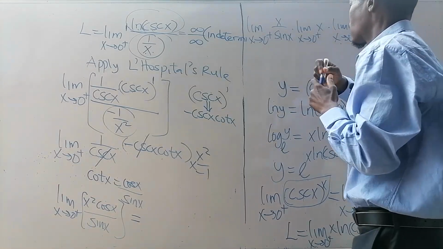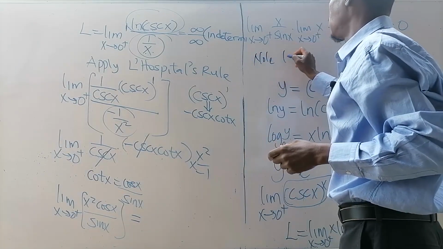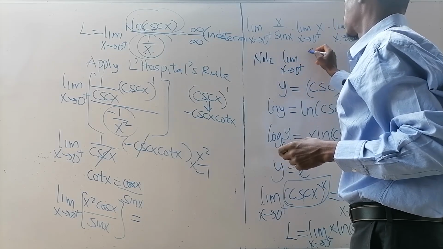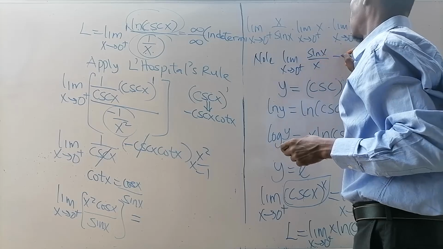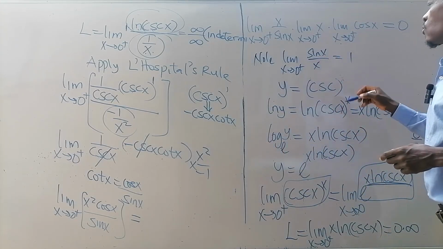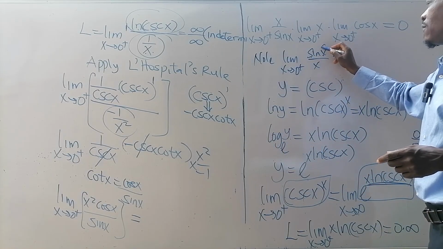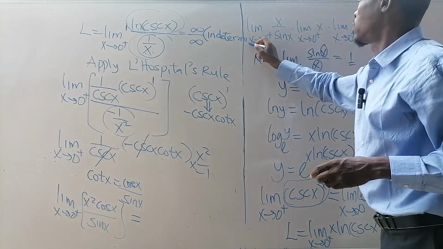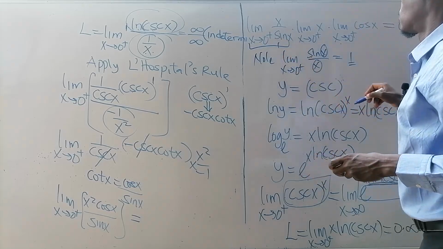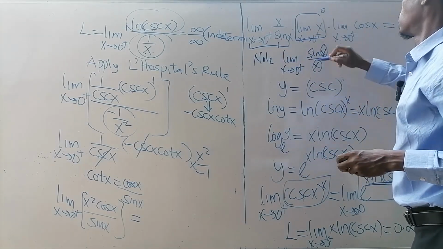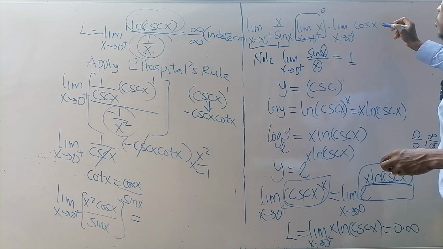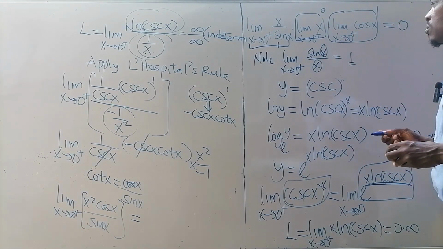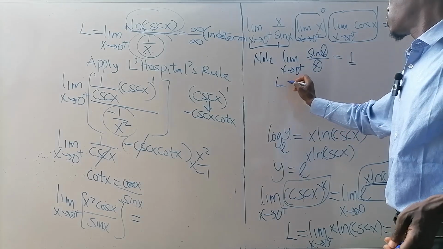Just note that the limit as x tends to 0 positive of sine x over x is 1. Once you have sine of a function and that same function here, it is going to be equal to 1. So this one is 1, this one is 0, so everything is going to give you 0. So therefore, L is equal to 0.